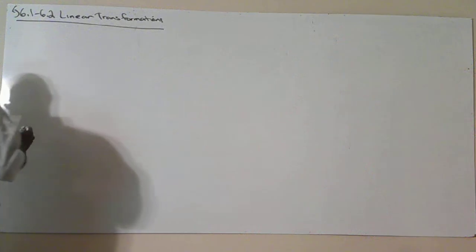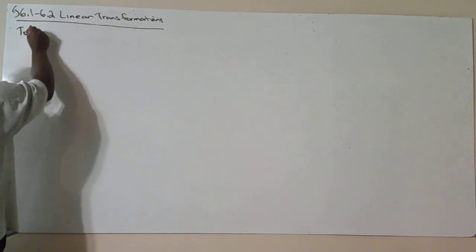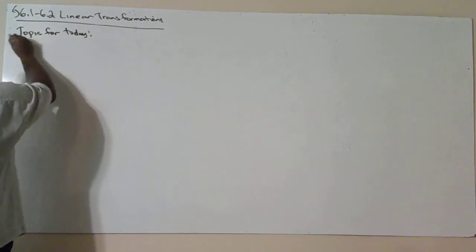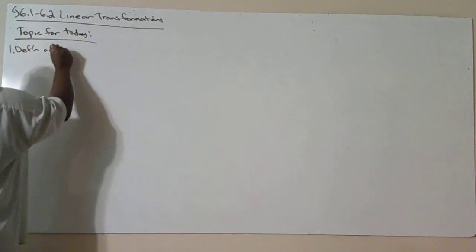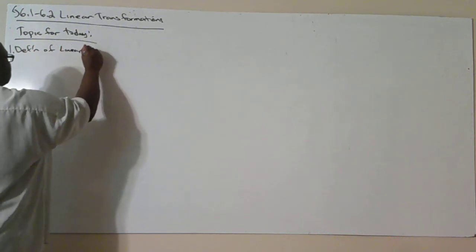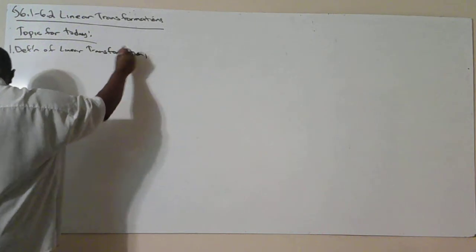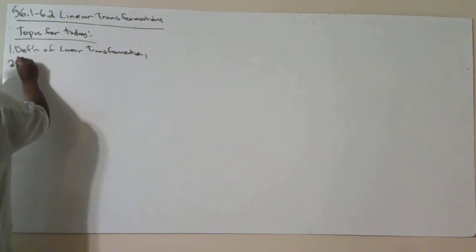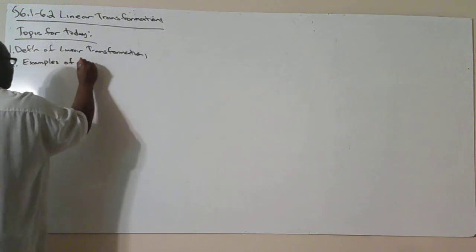All right, so let's get started. Here we go. So topics for the day. We have the definition of linear transformations. We're going to look at some examples of linear transformations.